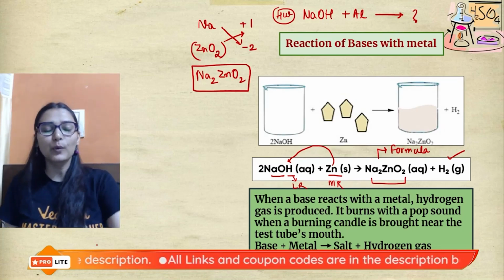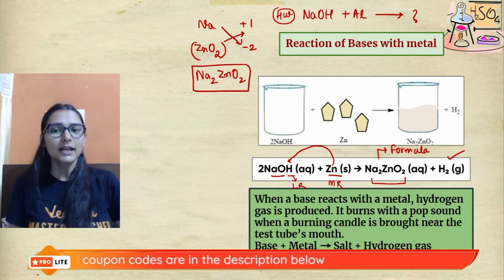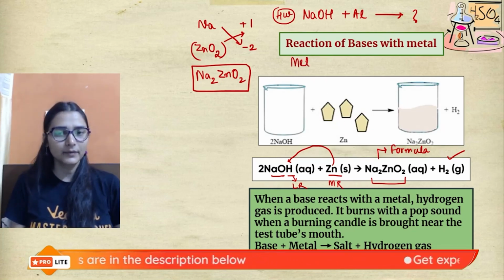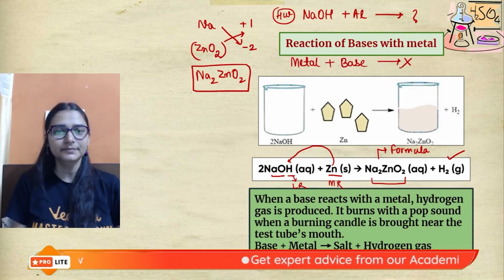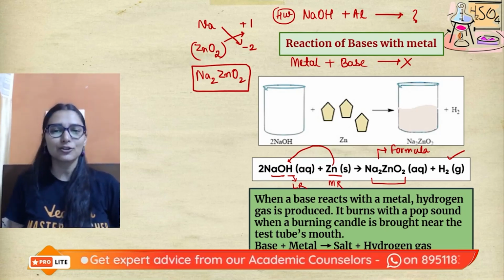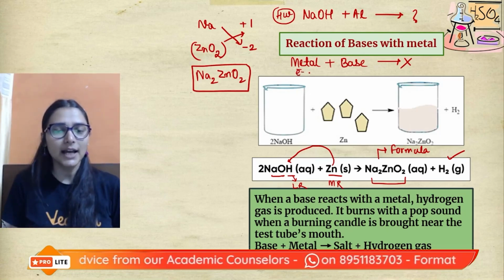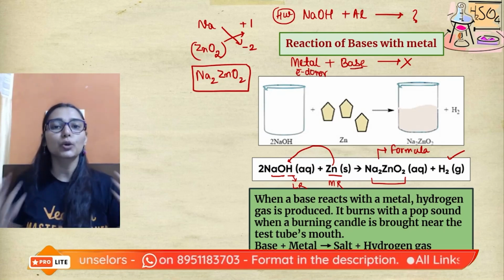ठीक है, now one point I would like to discuss with all of you, ये important है. So generally, metals and bases do not react with each other. Metal and bases का easy नहीं है reaction. The reason is that metals are electron donors, है ना, and there was a scientist named Lewis.